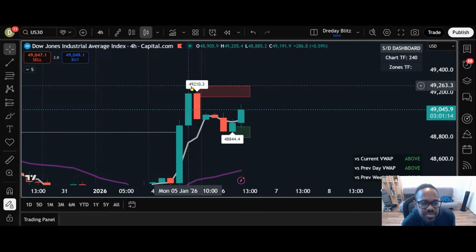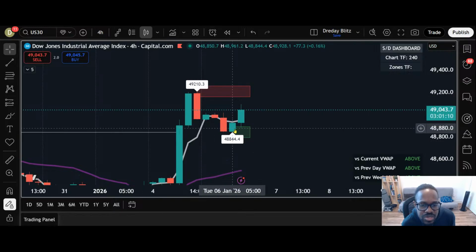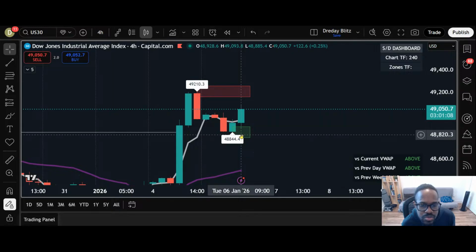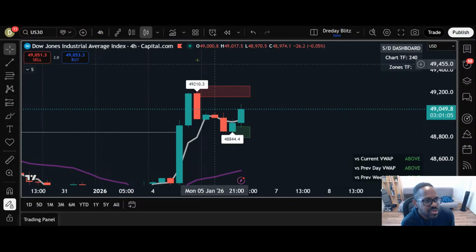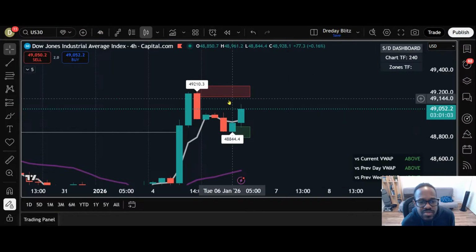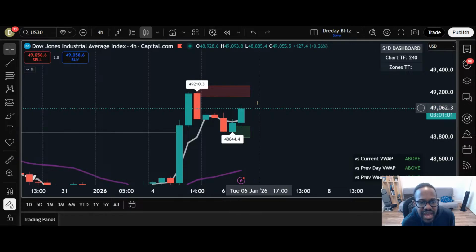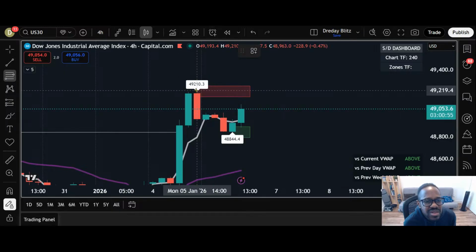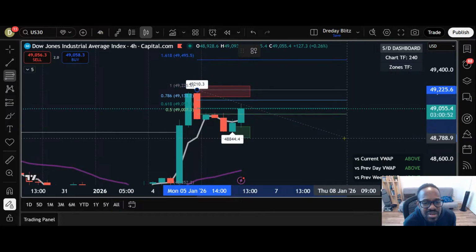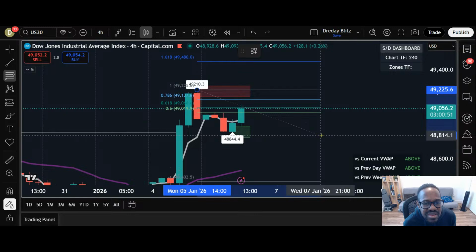You could put a fib from that top, that high, to that swing low right here, and it will give you a retracement. So we're pretty much at that point here, maybe 50 or 61.8. I could see that visually, but if you want, I could put the actual fib so y'all can see.